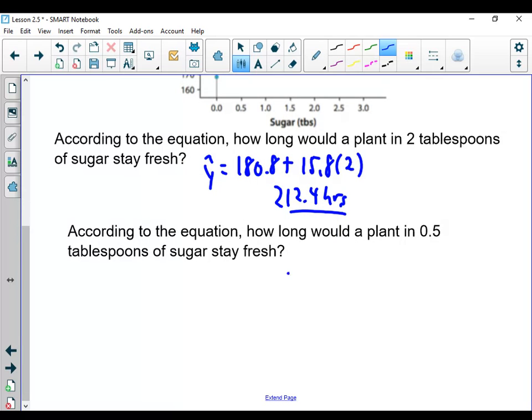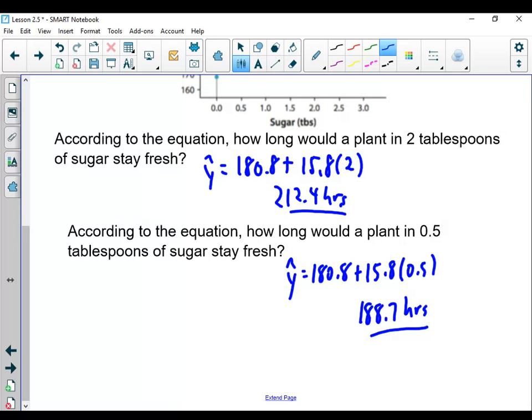We're just going to plug in that half, and we'll see what our prediction will be. And on this one, we get 188.7. So making predictions with regression lines hopefully aren't too bad. Just plugging it in, see what you get.